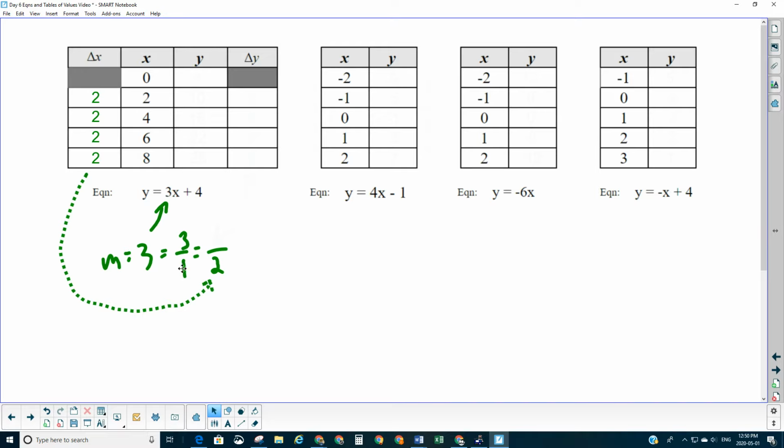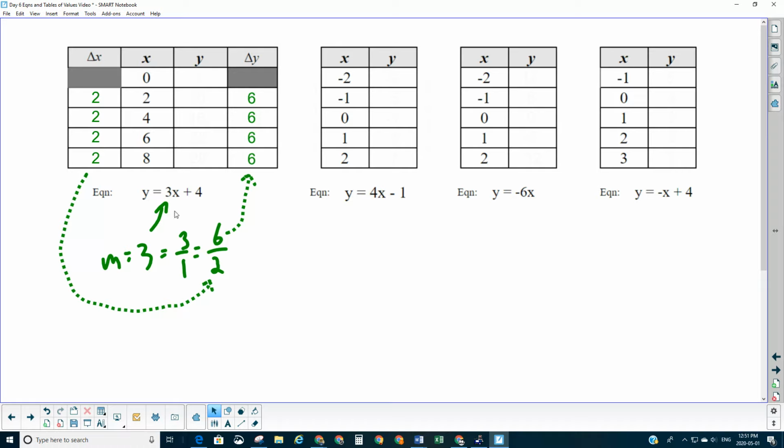Well, 3 over 1 is the same as the fraction 6 over 2. 6 over 2 is the same as 3. So if your delta x's go up by 2 and your slope is 3, that means your delta y's must go up by 6. And each of these must go up by 6.